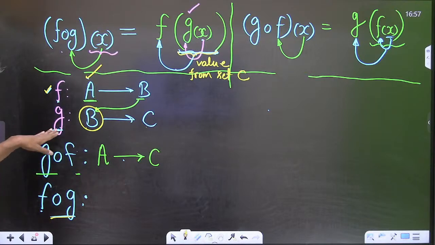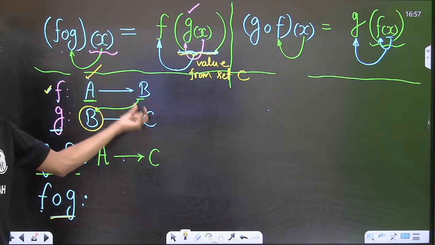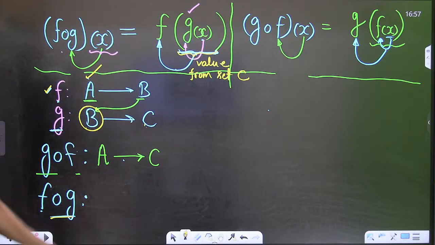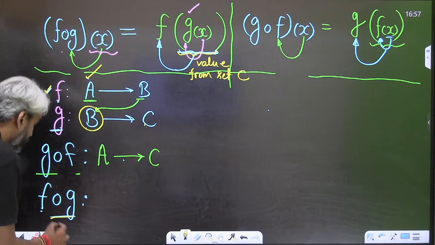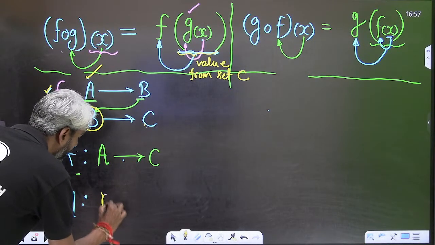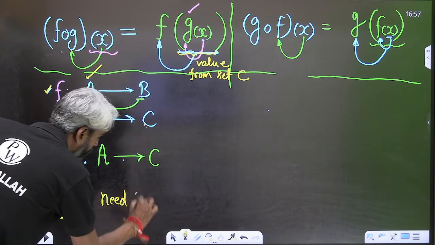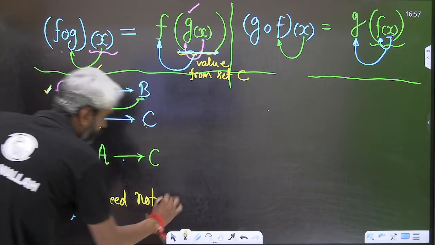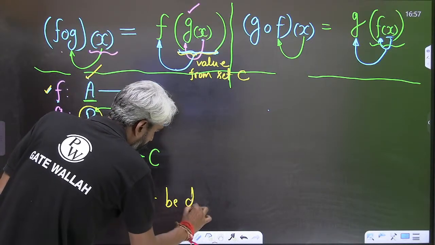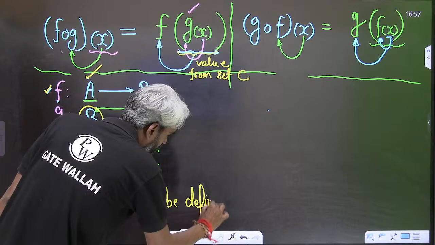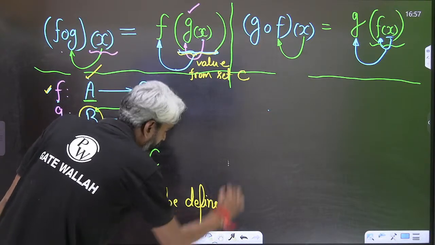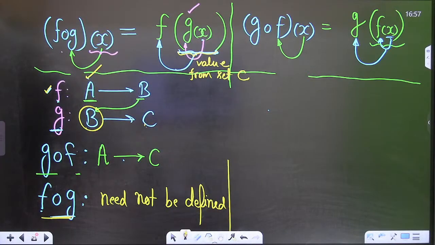Function g may produce such values for which function f is not defined, and if that is the case, then f of g need not be defined. When exactly will f of g be defined?